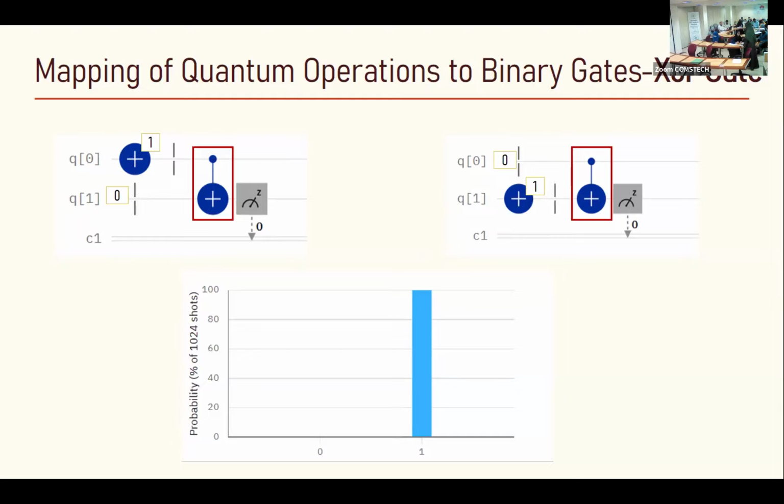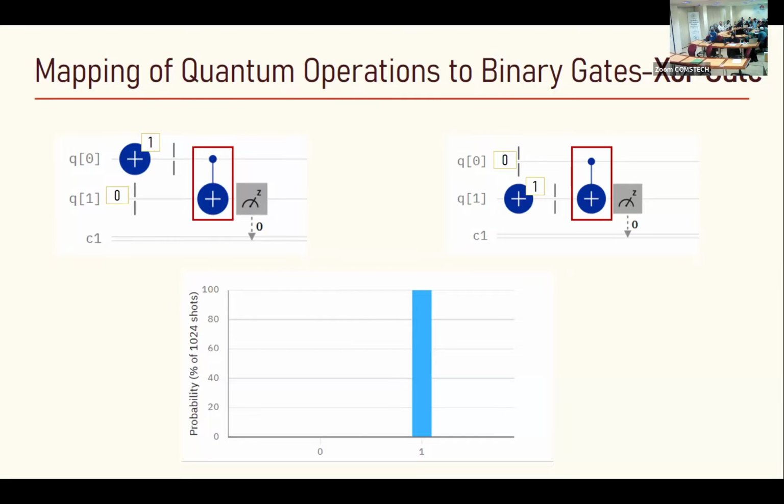With me? Shall we move to the next gate? Okay. I want you to write a sentence first. Quantum analog of AND gate: quantum analog of AND gate is Toffoli gate when output is taken at a target qubit.